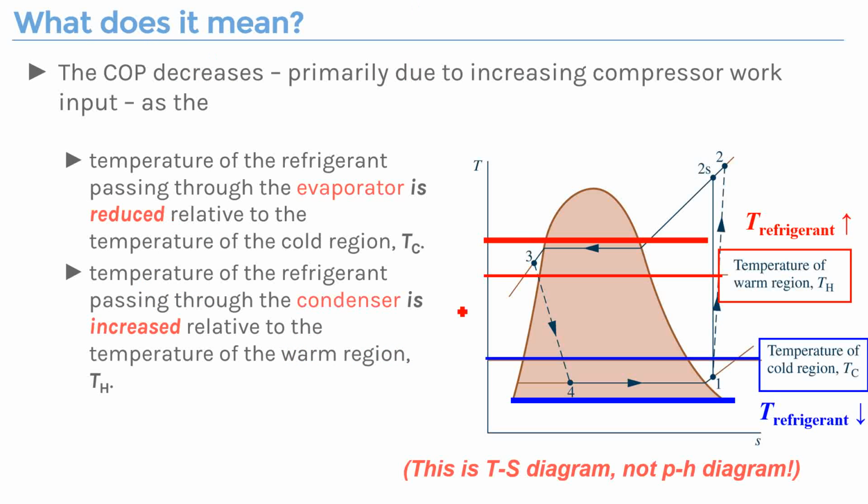So this is basically the answer to that question. When your COP decreases, it might be because you have a cooler cold temperature or a higher hot temperature on different sides, on the evaporator or the condenser side.